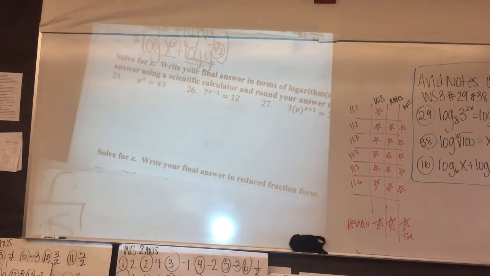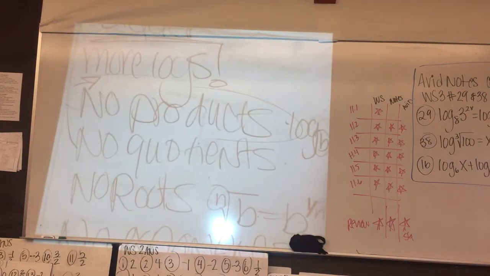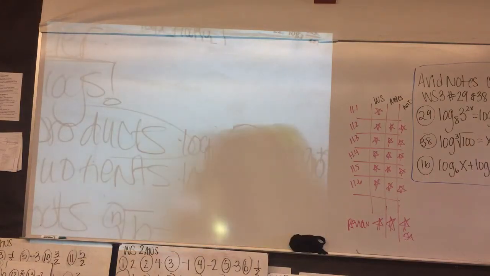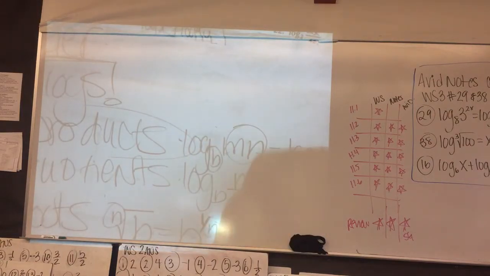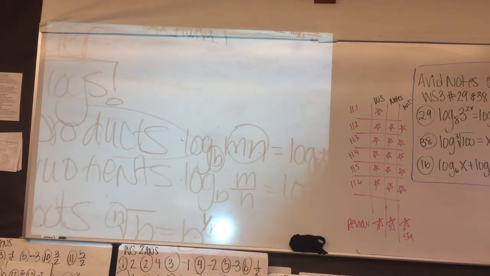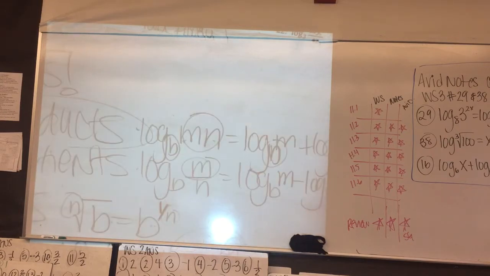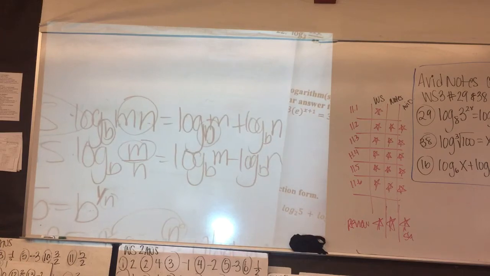So to remove the quotient, I use this property here. It says if you have a quotient, you can separate it into 2 logarithms by subtraction, where the numerator is on the left and the denominator is to the right of the subtraction sign. So we're going to do that here.